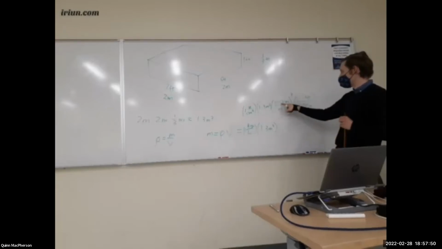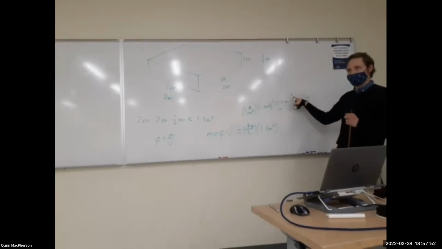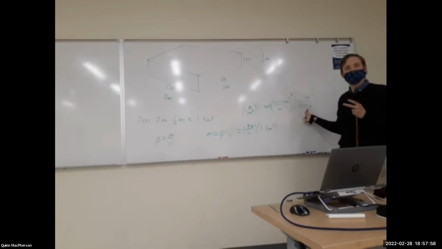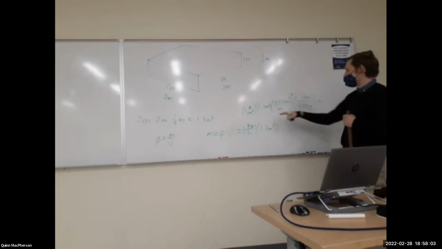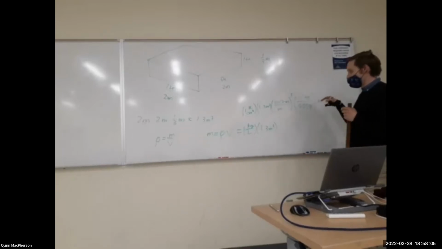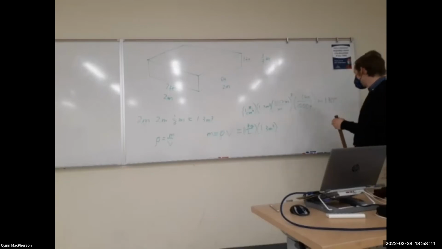So that's 6 zeros on the top and 3 zeros on the bottom, a net of 3 zeros. You can also just use your calculator; I'm just doing mental math. That gives us 1.3 times 1,000, so 1,300 kilograms.